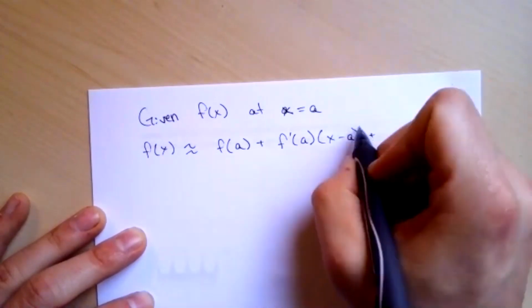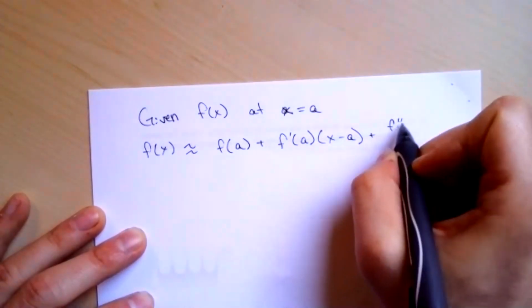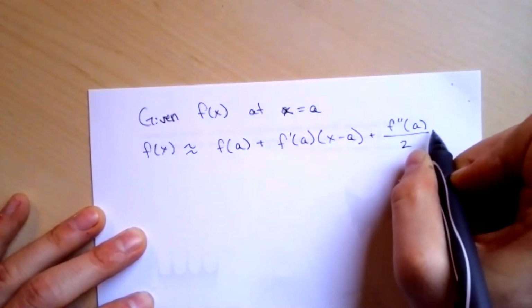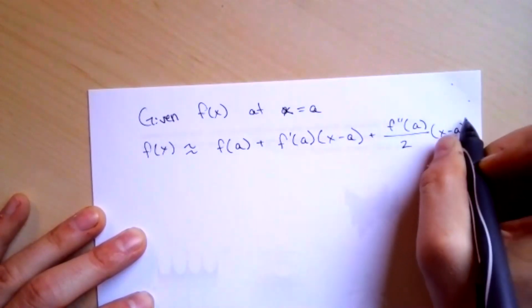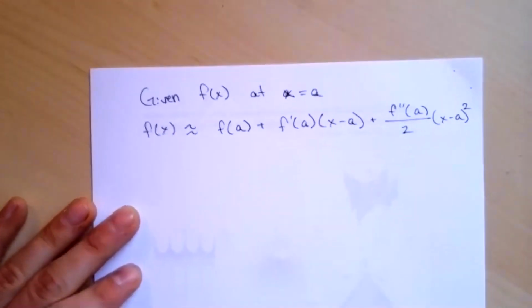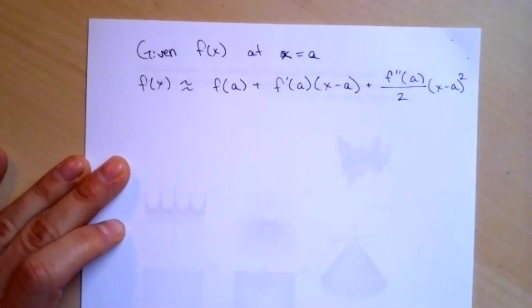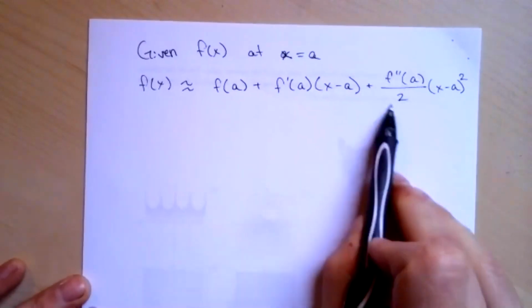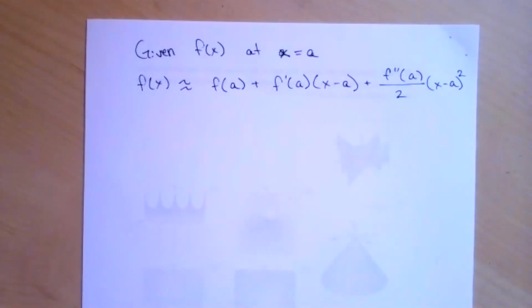And then if we want to include the next term and an approximating parabola, we found that the second coefficient of this parabola is going to be related to the second derivative.